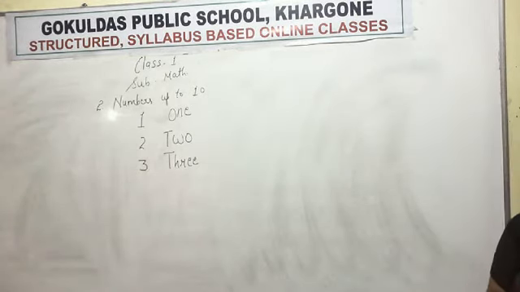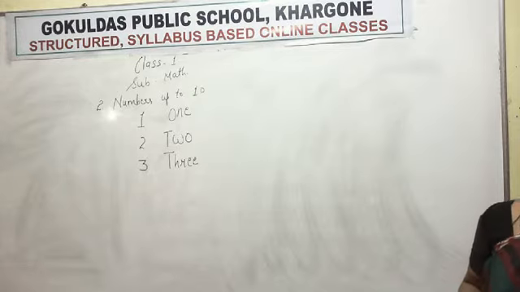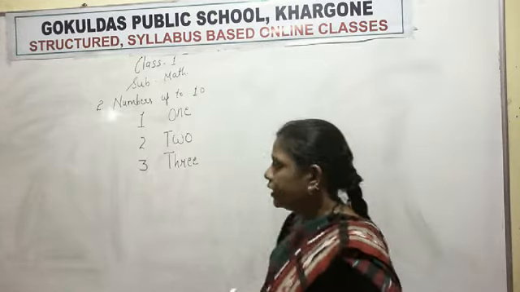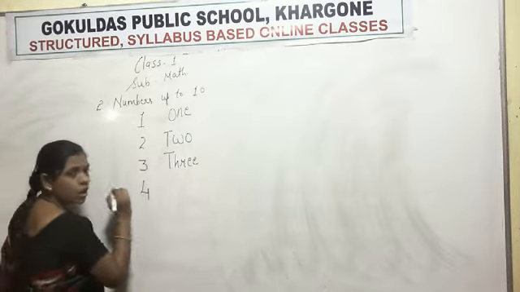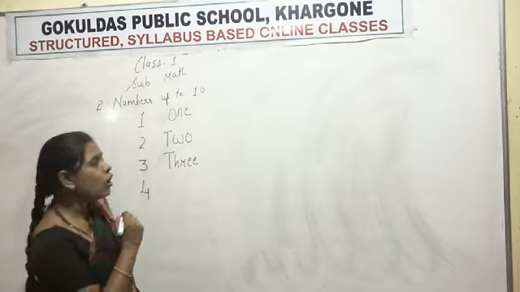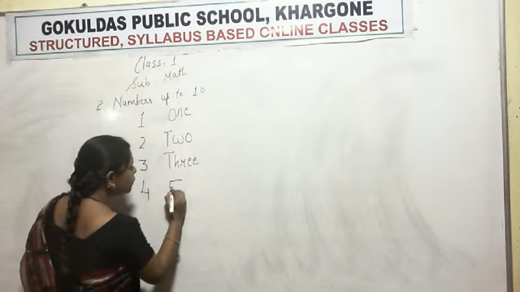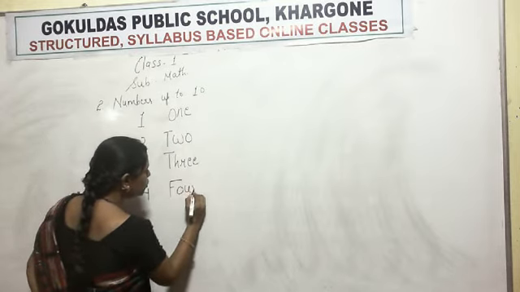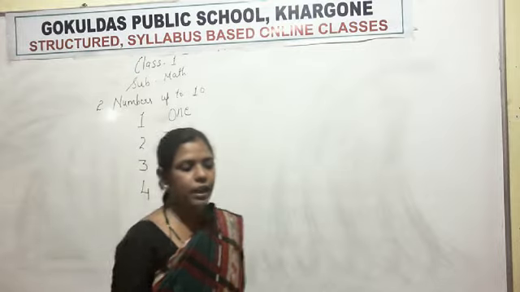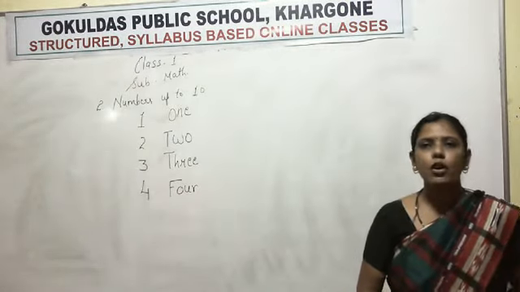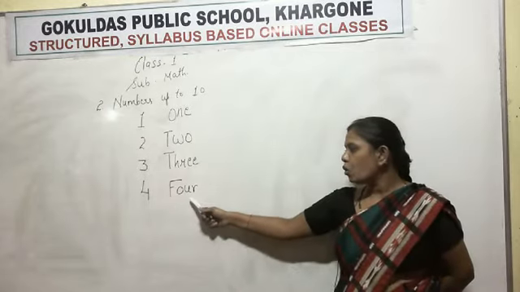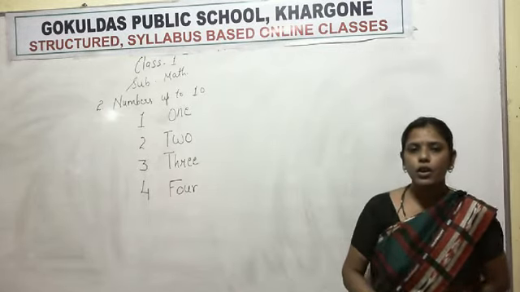Now what is the next number after 3? The number after 3 is 4. What is the spelling of 4? F O U R, 4. Repeat again. F O U R, 4. Very good.